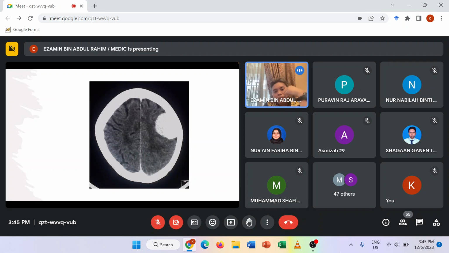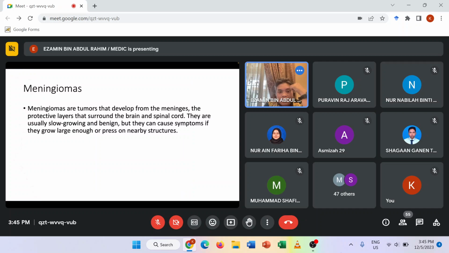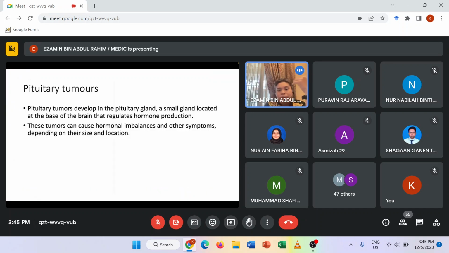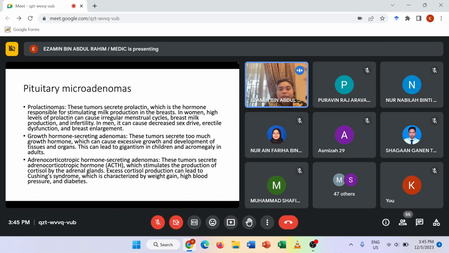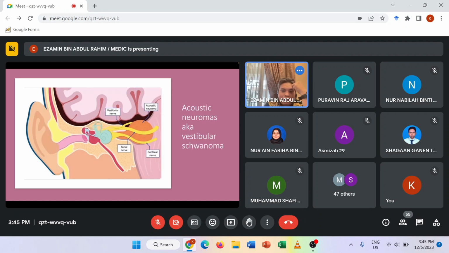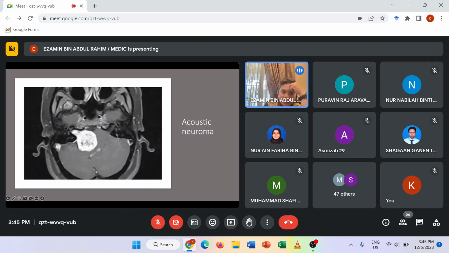Meningioma is most of the time, almost 95%, benign. And then the one I mentioned earlier, astrocytoma, has 4 groups. You have to know the GBM, glioblastoma multiforme. Okay, and then acoustic neuroma, or sometimes people call it vestibular schwannoma. Okay, the appearance is like this. This one after we give contrast, the gadolinium uptake of the acoustic neuroma.